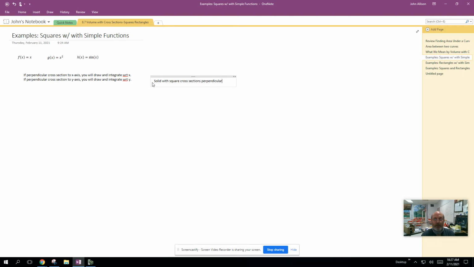It's bounded by the curve g of x, the x-axis, and the line x equals 4. So we're going to find the volume of that.